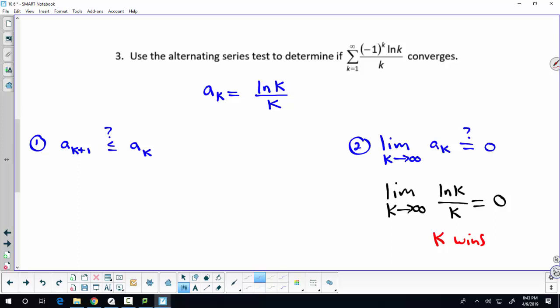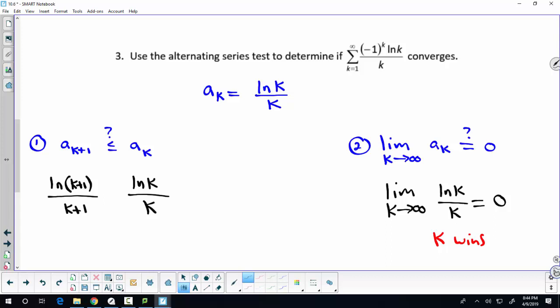So my a sub k is ln k over k. Say that is greater than or equal to ln k over k plus 1. Which one's larger?